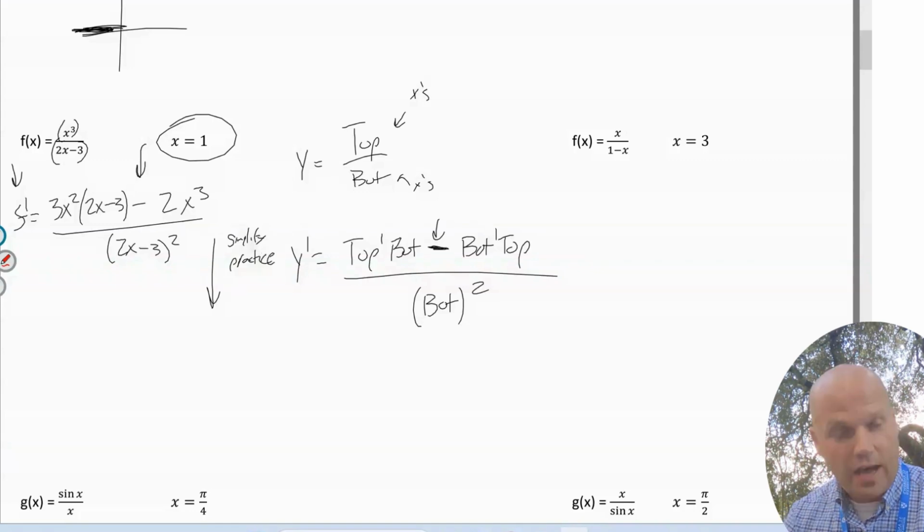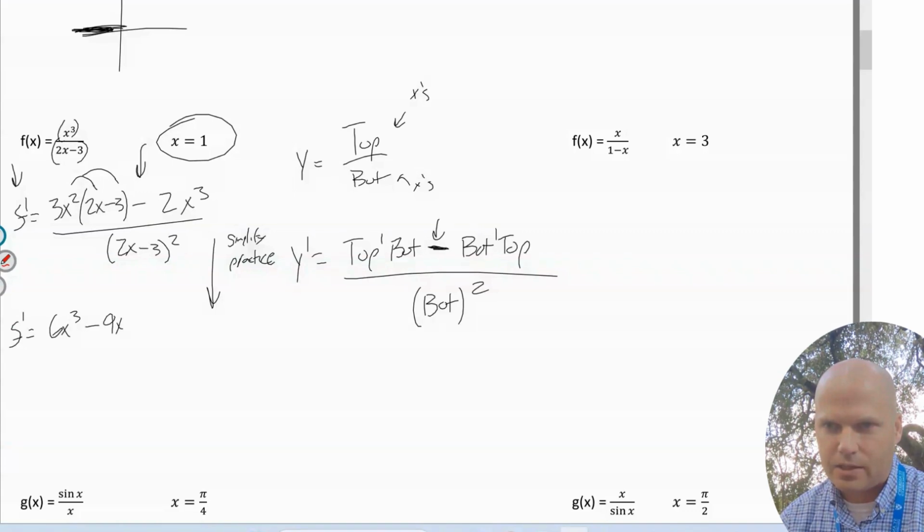Again, we could find the value of our slope just by plugging in and working with the numbers, but let's practice simplification. We get 6x cubed. I'm going to distribute the 3x squared. We get 6x cubed minus 9x squared minus the 2x cubed, all over the bottom.